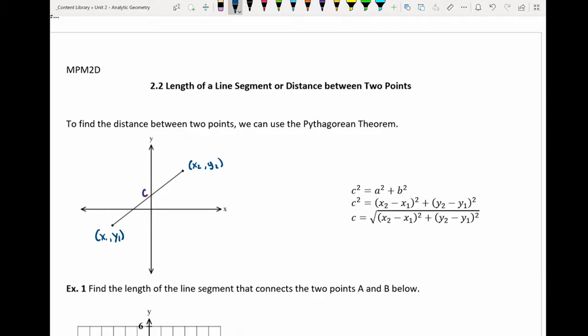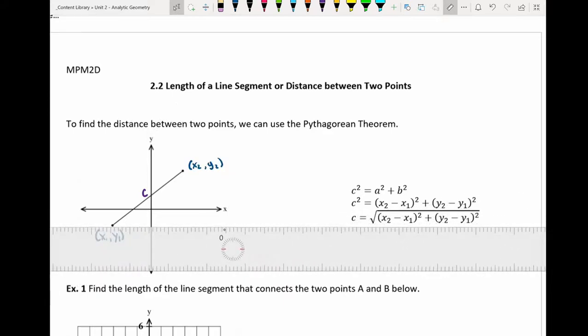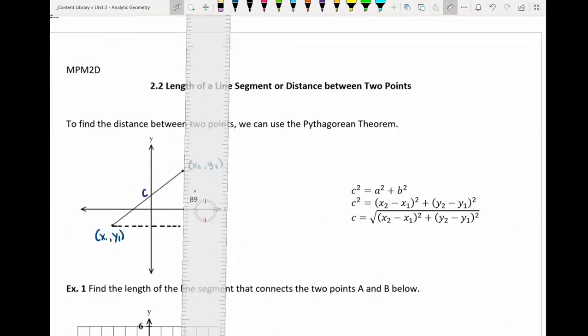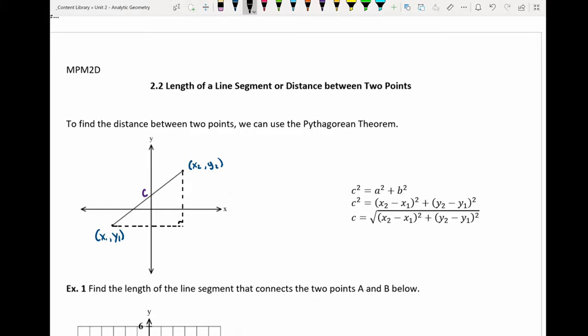And the reason we say we can use Pythagorean theorem is because if I were to make a triangle out of this straight line, it may look something like this. If I were to make a triangle like this, that would be a right angle triangle, and the side C would be my hypotenuse.